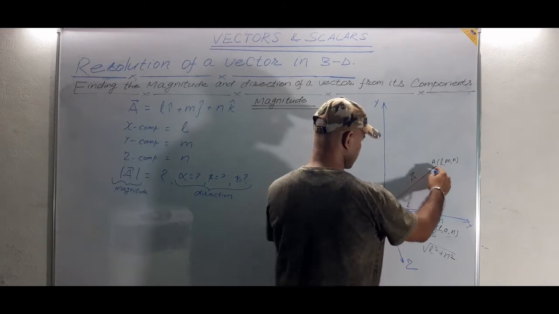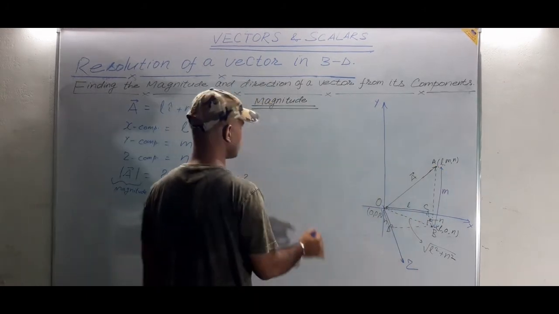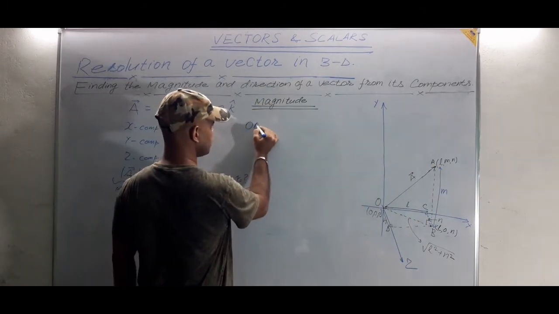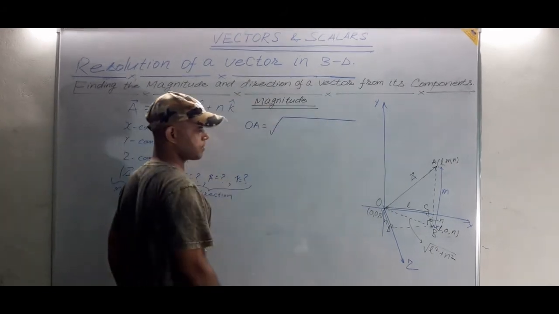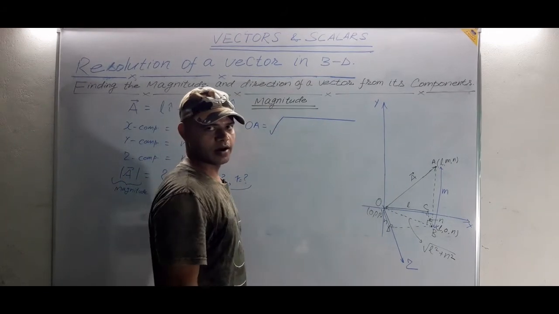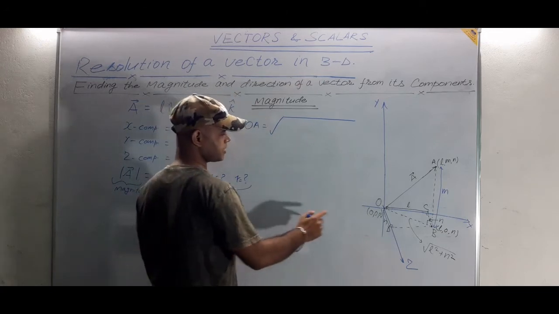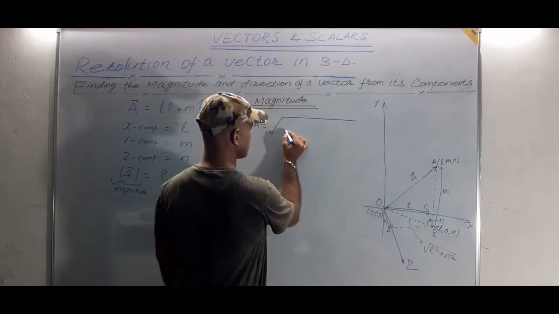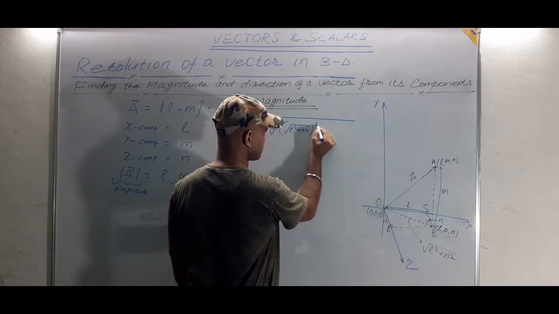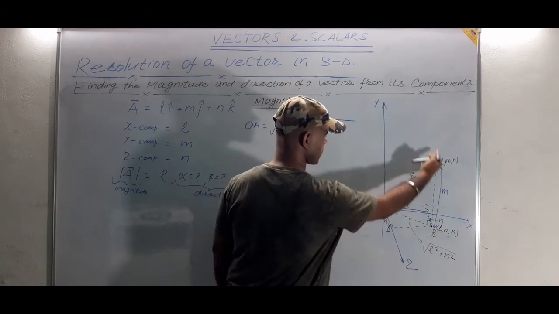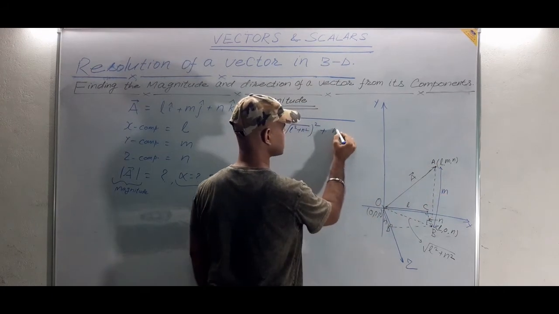So if you want to calculate the length of this arrow, meaning OA, OA will be equal to root of base square plus perpendicular square, right? So simply using Pythagoras theorem, we have root of L square plus N square, base square, plus perpendicular square. Perpendicular is m, so this is m square.